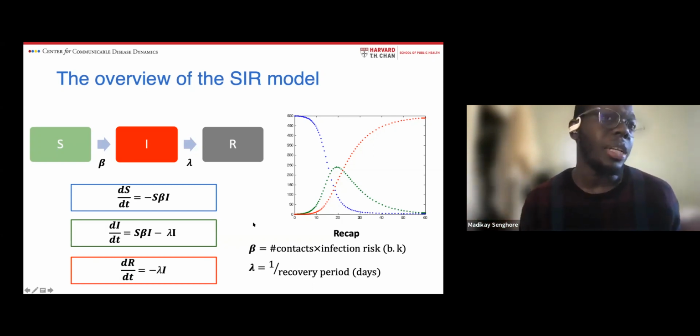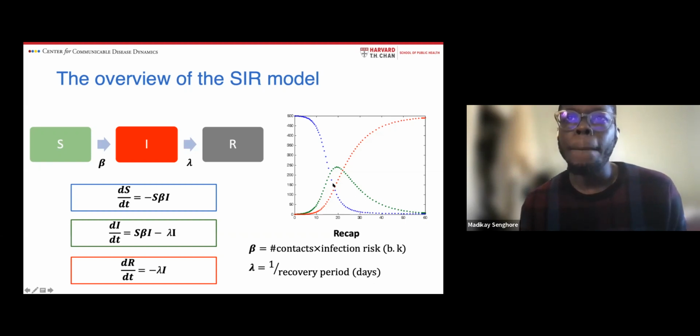So you can see, typically when you design an SIR model and you run it, you will see this sort of pattern where you start off with a mostly susceptible population, 1 or 2 infected individuals, and it quickly goes from a situation where you have a few infections to a situation where you have a lot of infections. And eventually you reach the peak of the outbreak where the number of individuals who've recovered is growing and the number of susceptibles is getting down.